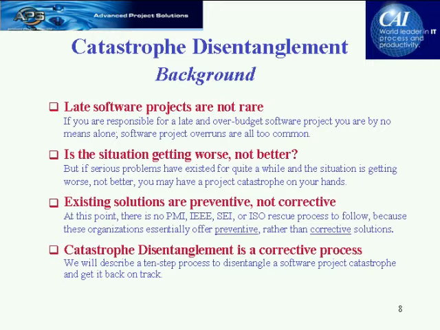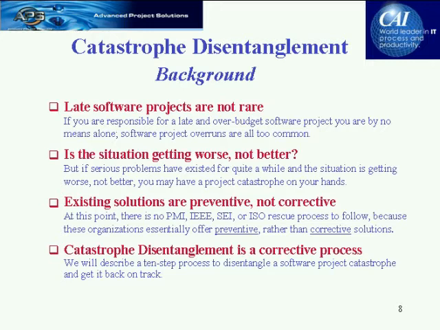And that's true of solutions provided by the PMI, the IEEE, the SEI, ISO, and the various other software engineering support organizations worldwide. So the objective of the catastrophe disentanglement process is basically to fill in that void and help projects that are in trouble get back on track.